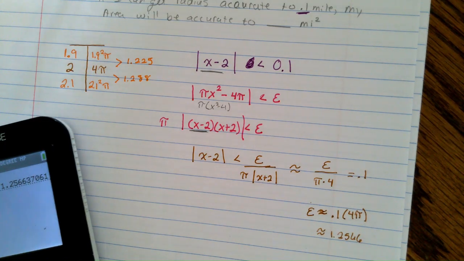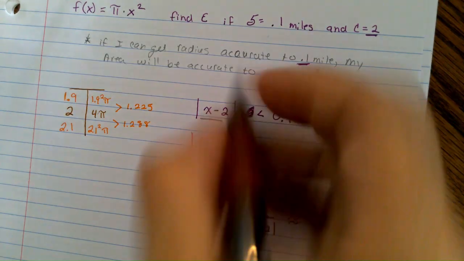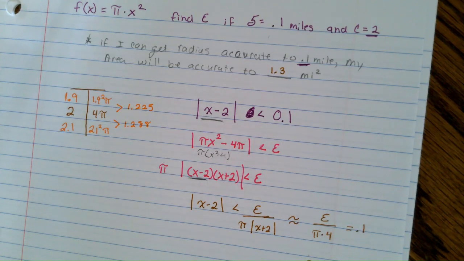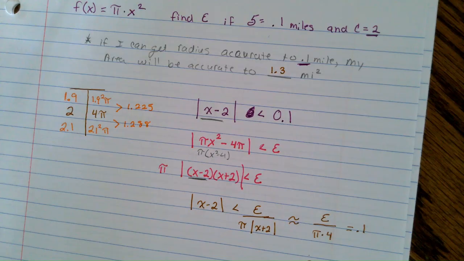Okay, so in other words, we will be within, and I'm going to round, approximately 1.3 square miles. Okay.